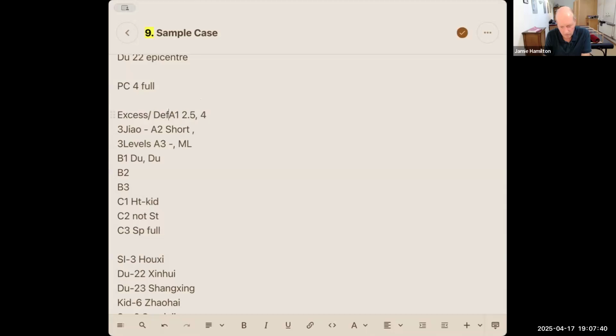Excess, deficiency, something along those lines. Jamie, do you always go left, right?